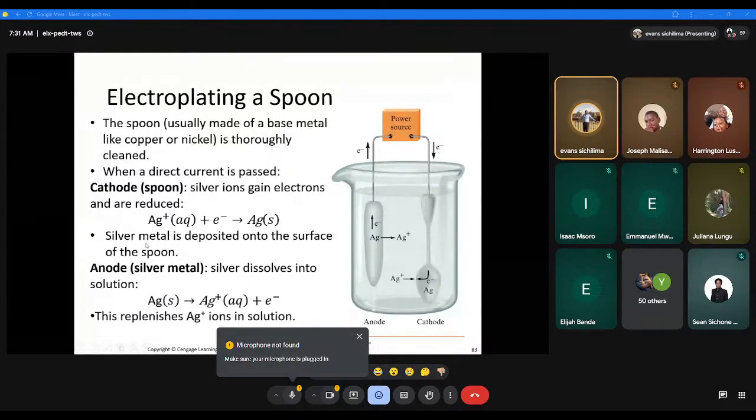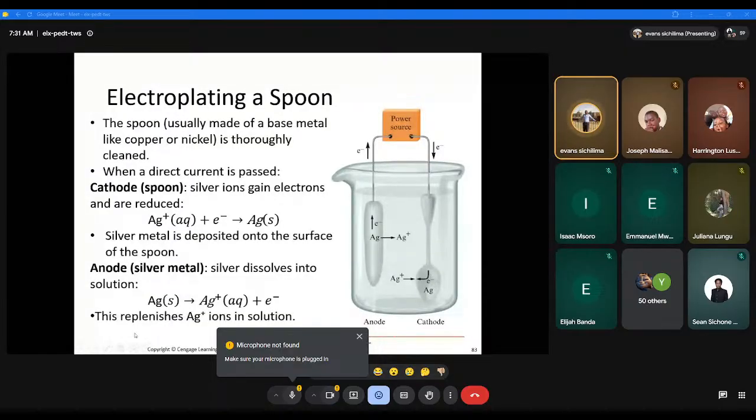Okay, so it's deposited on the surface, and what is happening on the other hand at the anode, it's the same silver, and this silver dissolves into the solution, releasing electrons, which will pass through this wire and come to the cathode here.